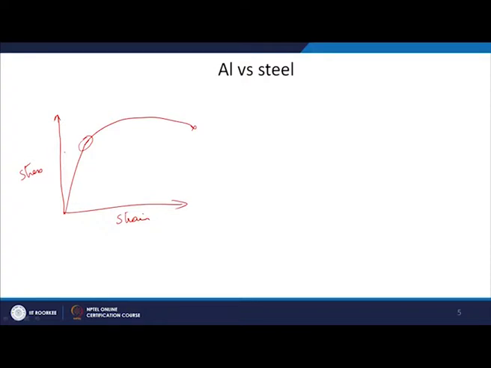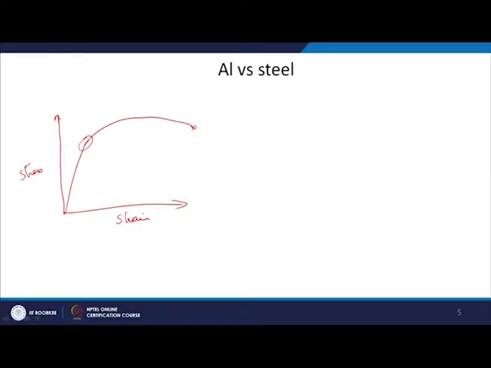So to find out the yield strength in this kind of stress strain curve, we take an offset on the strain, and this offset is equal to 0.2% or 0.002 strain in fraction.